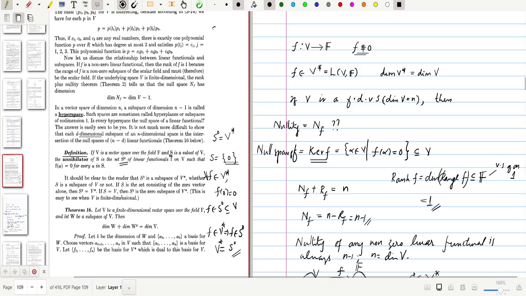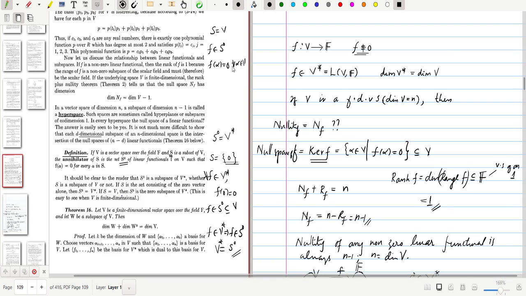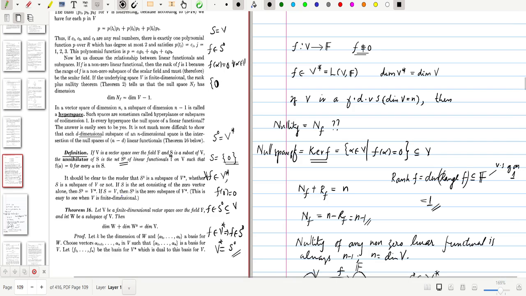Now we consider S equal to V. In order for f to be an element of S naught, this f should satisfy f of alpha equal to 0 for all alpha belonging to V. There is one such function which satisfies this, the zero functional. So we can say this is a trivial subset. This contains the zero functional, I'll write it as a bold 0.